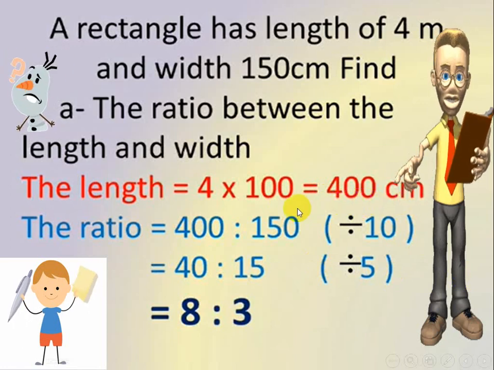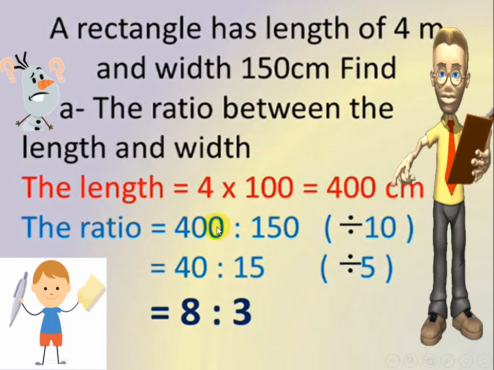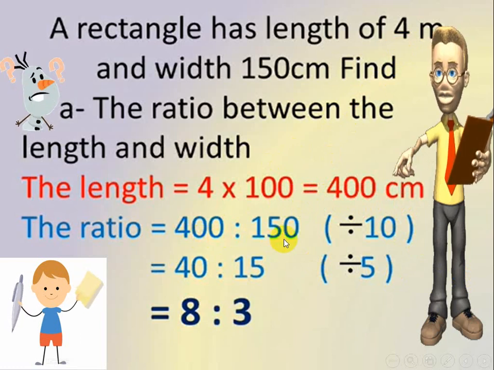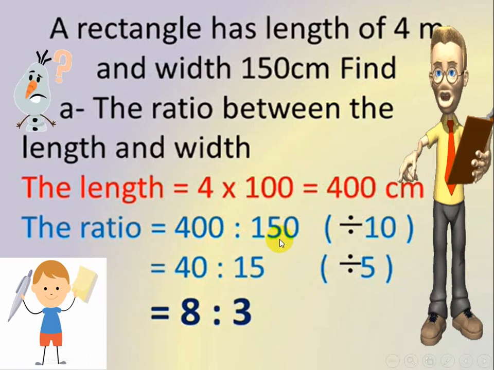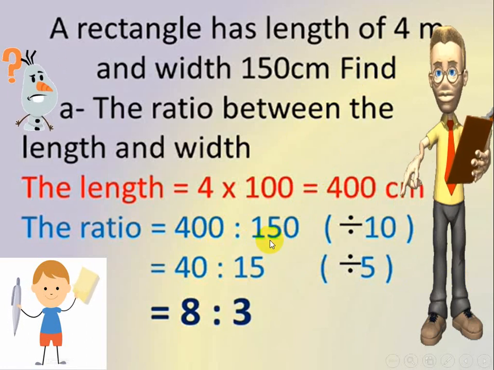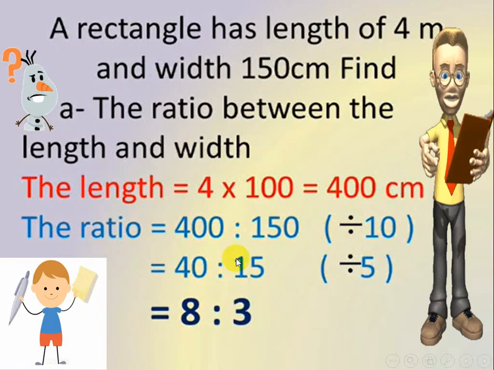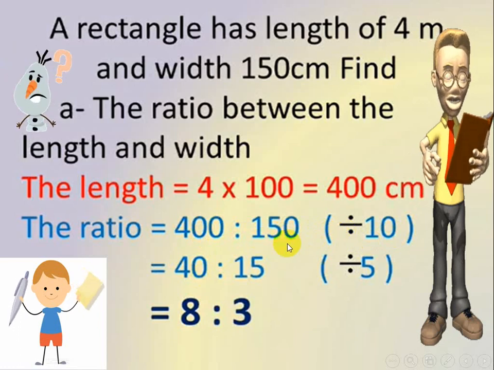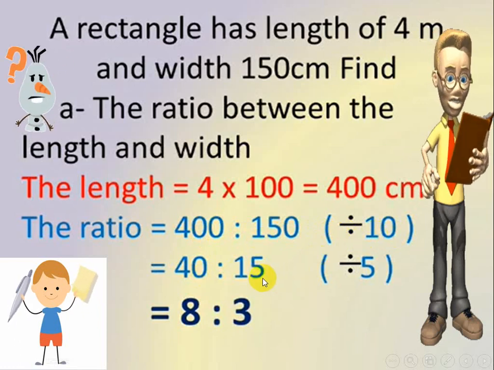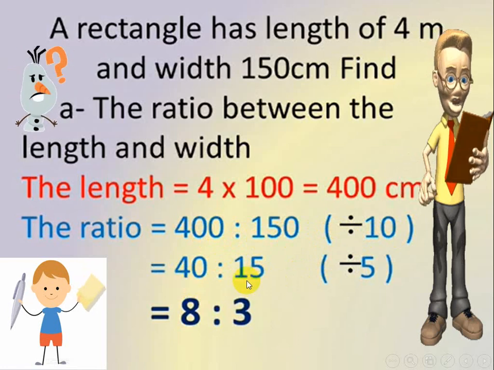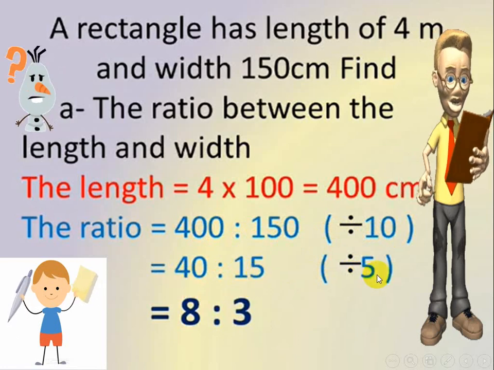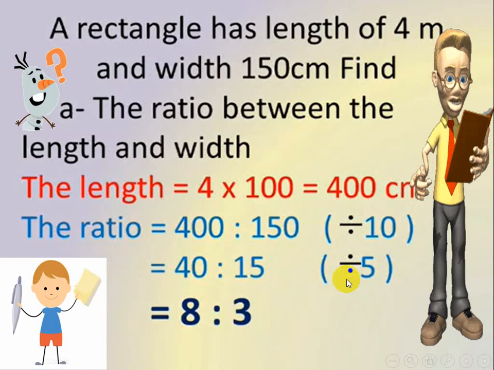The ratio between the length, the first word, we will put its number, 400 to 150. 400 and 150 are divisible by 10 because there is 0 in the units digit. 400 divided by 10 equals 40. 150 divided by 10 equals 15. 40 and 15 are divisible by 5, table 5.